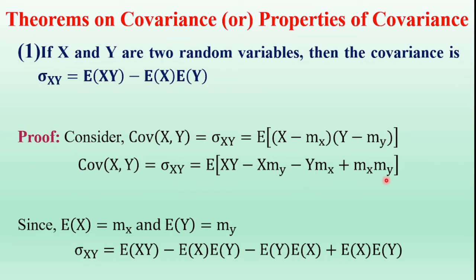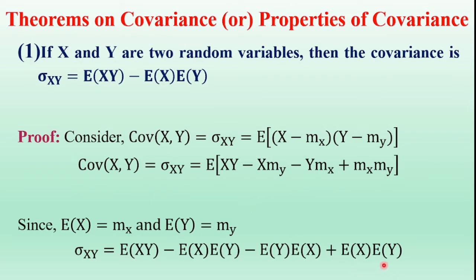Mx and my are constants, so using the properties of expectation, expectation of mx my is mx my. Mx is the expected value of the random variable, also represented as expectation of x. My is the expected value of the random variable, also represented as expectation of y.